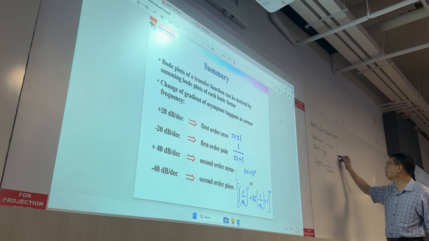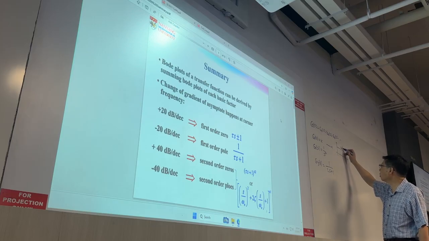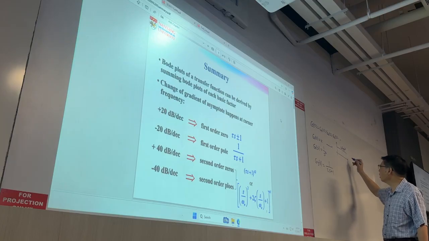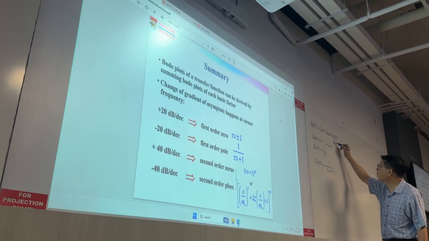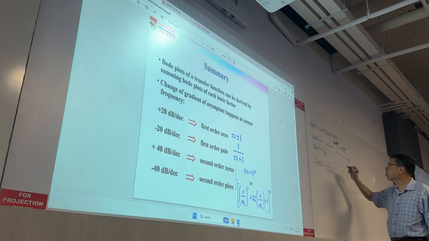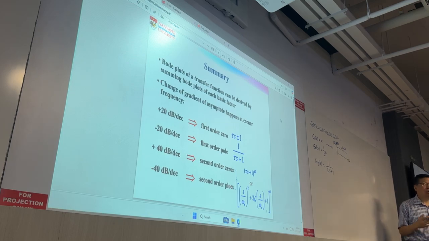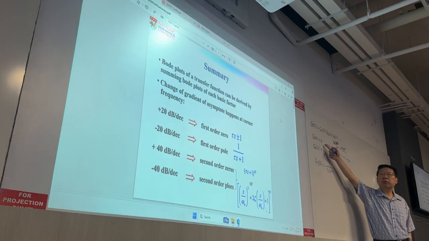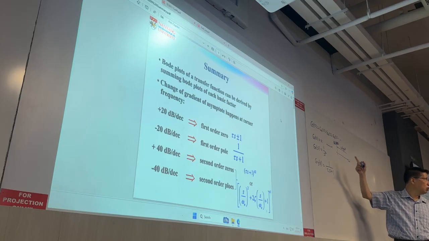For the constant, the gain plot is a constant, with value 20 log base 10 of K. It is horizontal, and the unit is decibel, dB. So the value is a function of K. When K is 1, the real gain is 1, and 20 log base 10 of 1 is 0 decibel.